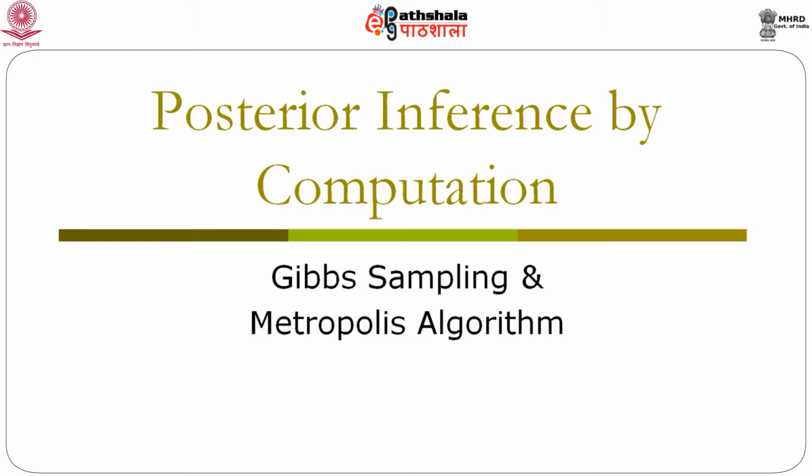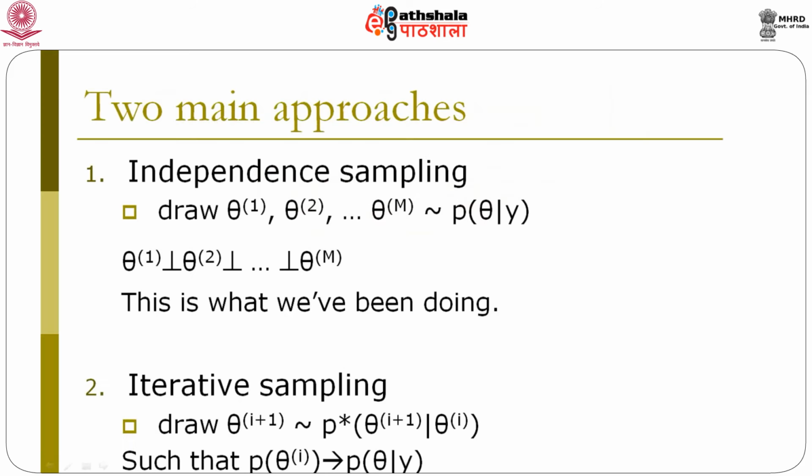All right. Two main approaches are there. One is independent sampling and the other is iterative sampling. Suppose you have observations theta 1, theta 2, ..., theta m drawn from some posterior distribution. If you are able to draw these observations nicely and they are all independent samples, then nothing is wrong.